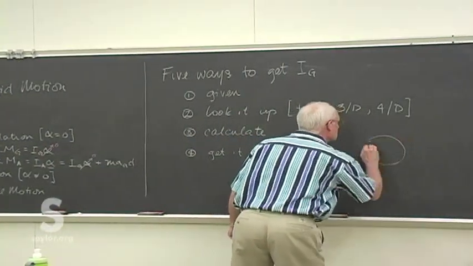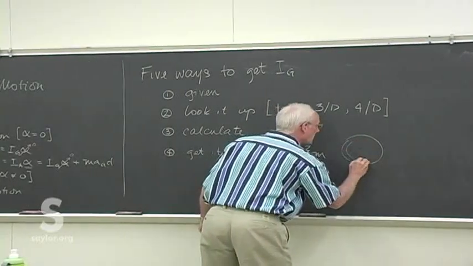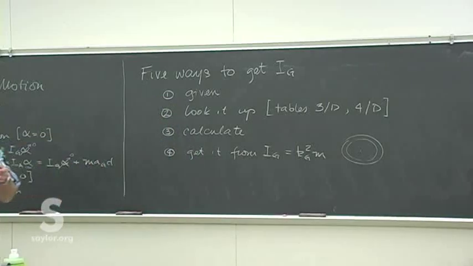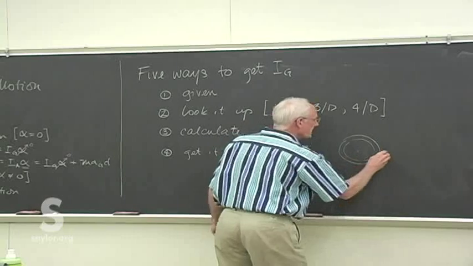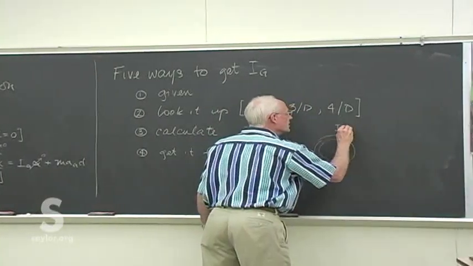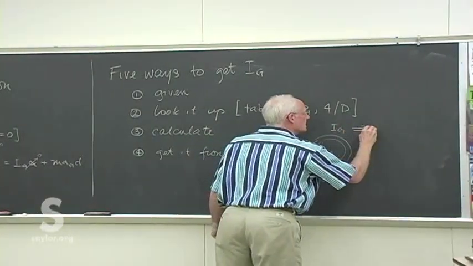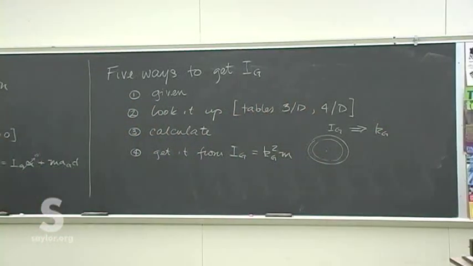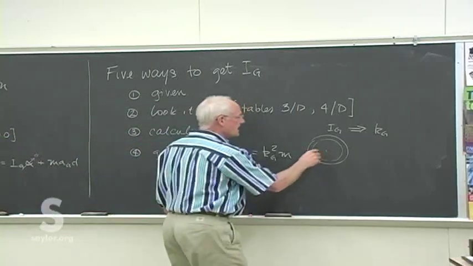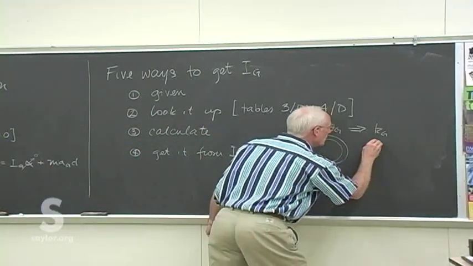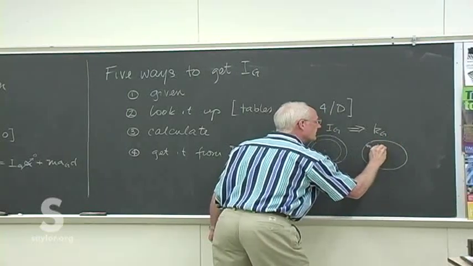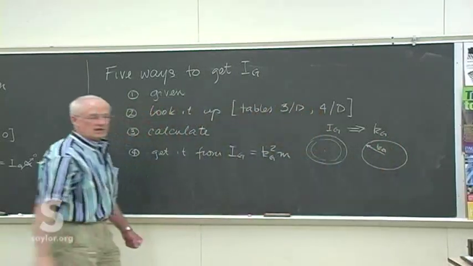So if we've got some wheel of some kind and it's got a rim on it that might be thicker than the inner part, or even could be a spoked wheel of some kind, whatever its moment of inertia is, we can get a relationship between that and the radius of gyration if we imagine an artificial object with all of the mass located at this distance, the radius of gyration.